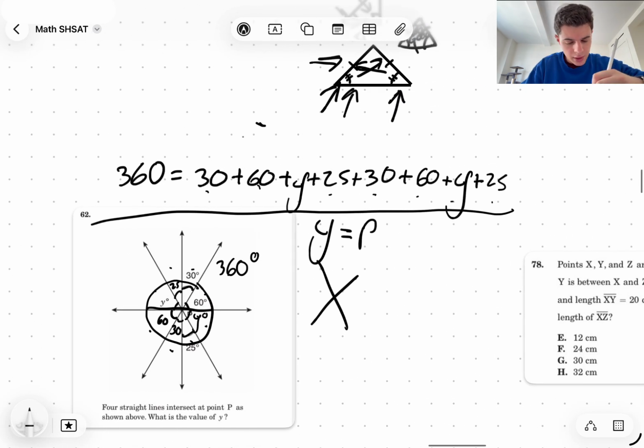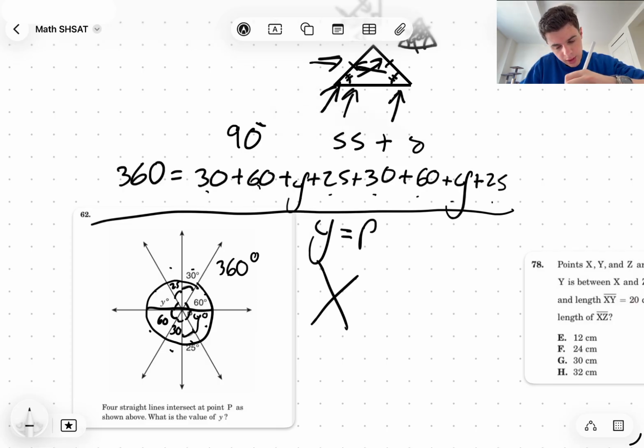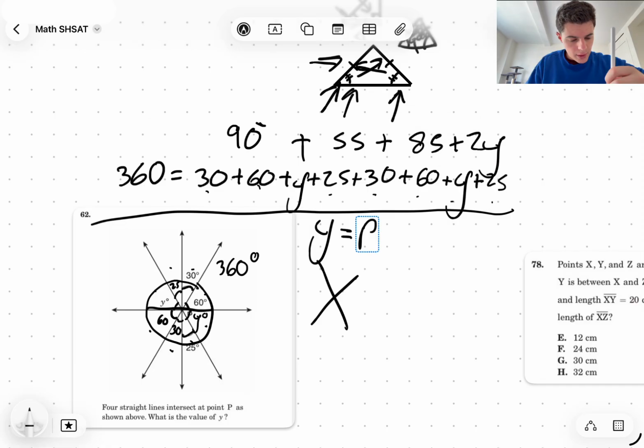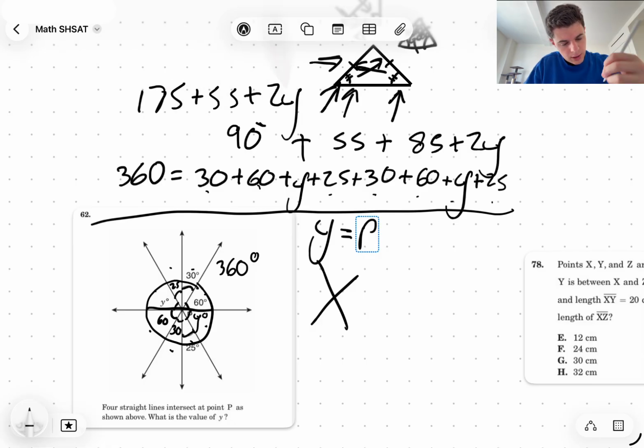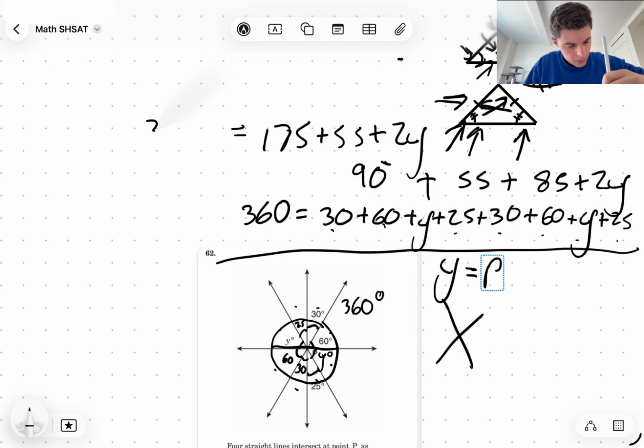30 plus 60 is 90. 25 plus 30 is 55. 60 plus 25 is 85. And then we have y plus y is 2y. 90 plus 85 is 175. So 175 plus 55 plus 2y equals 360.